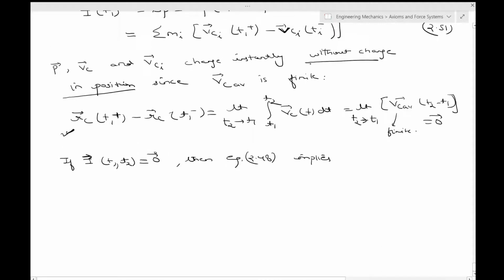So equation 2.48 implies conservation of momentum.